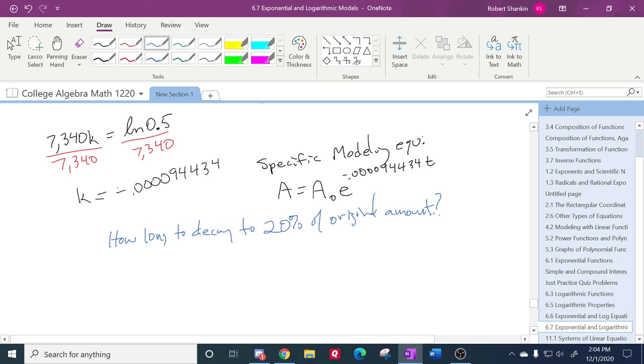When it's decayed to 20% of its original amount, the A will now be what most students want to do is just plug in 20%, 0.20. But you have to multiply it by the original amount.